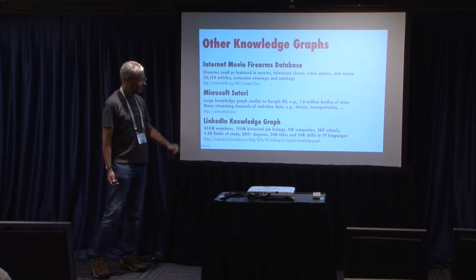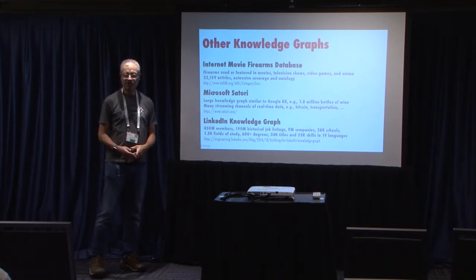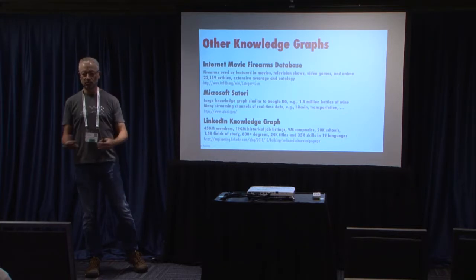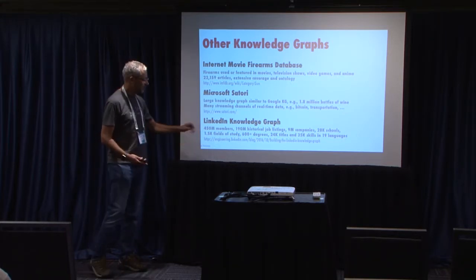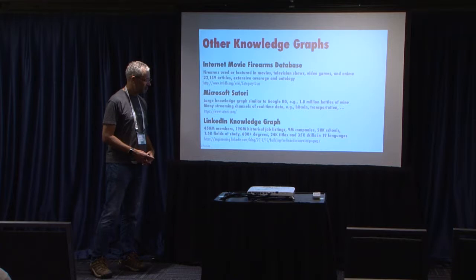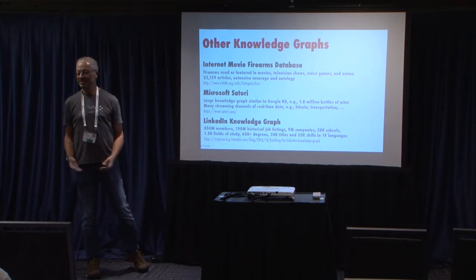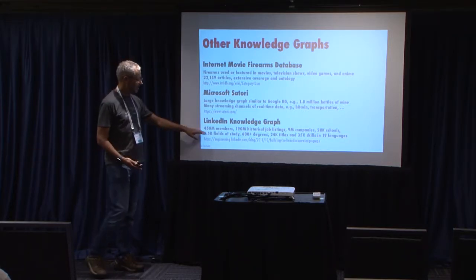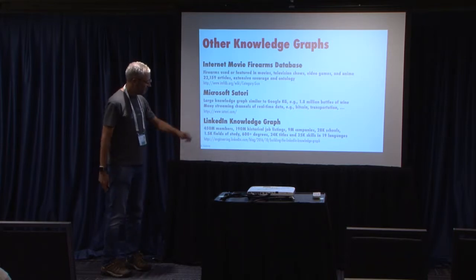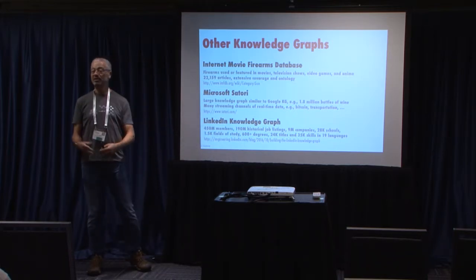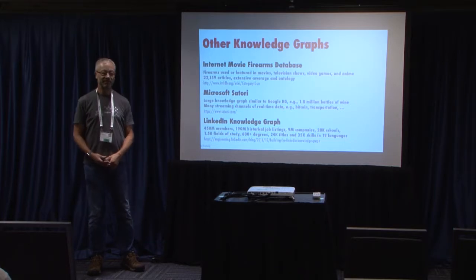This one, of course, is what you would expect a company like LinkedIn to do, which is basically a knowledge graph of all the companies that they have. And so they have built it. They have basically 450 million people in their knowledge graph.